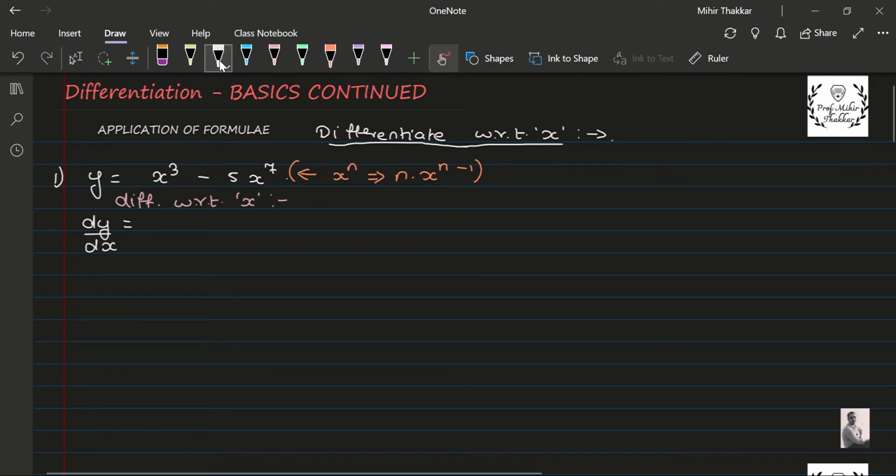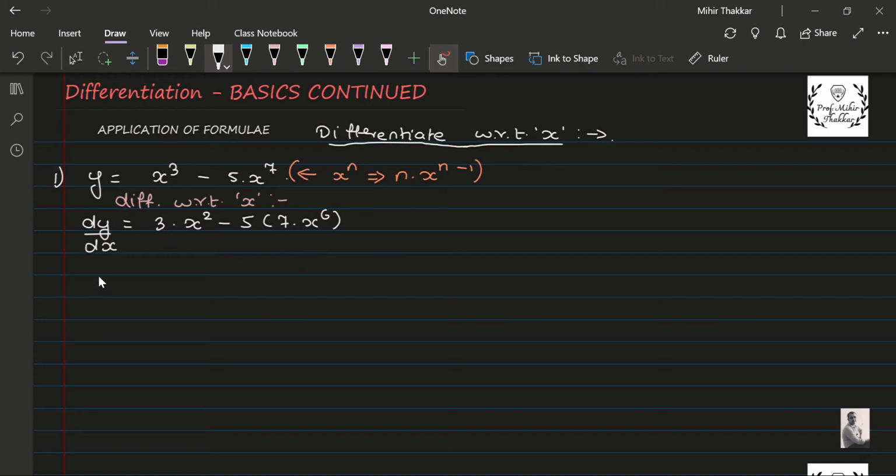So when I want to write the answer, it will be 3 into x raised to 3 minus 1, which is 3x square. Minus, this 5 is a coefficient of x raised to 7, so we leave this 5 as it is. For x raised to 7, once again the n value is 7. So 7 into x raised to 7 minus 1, which is 7x raised to 6.